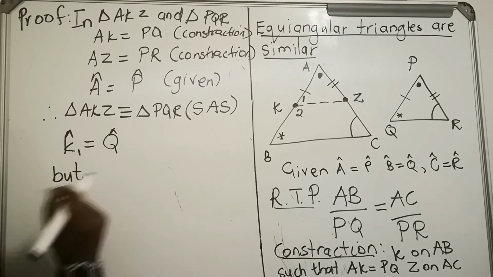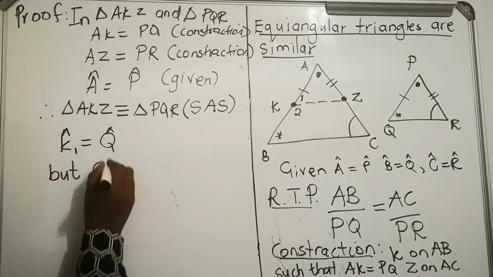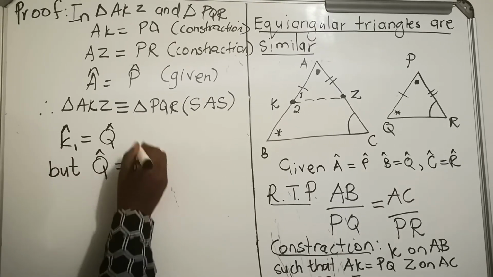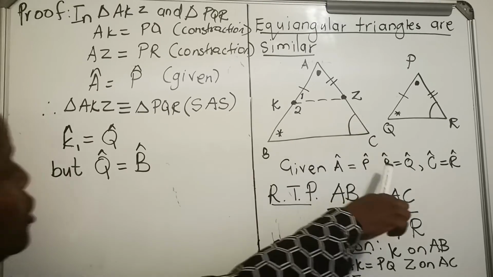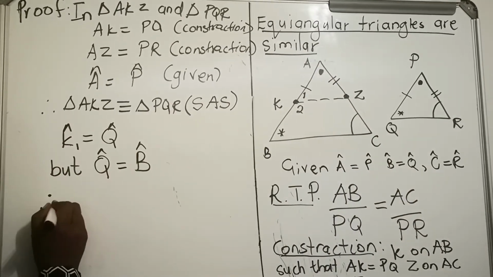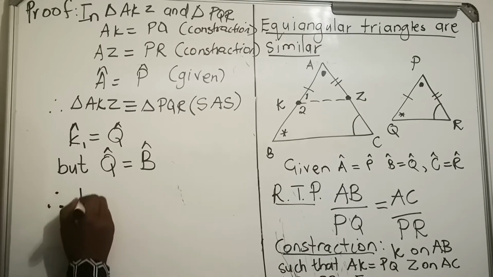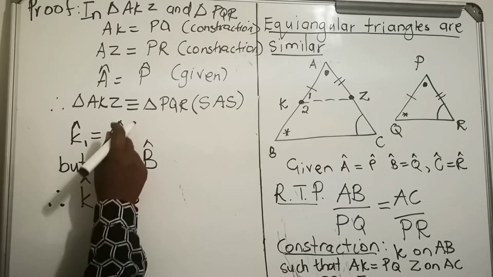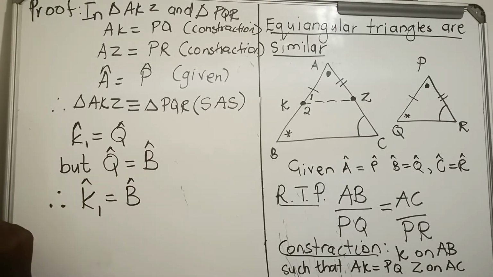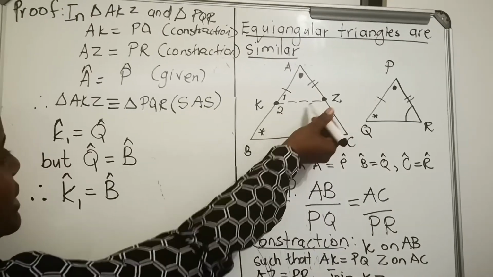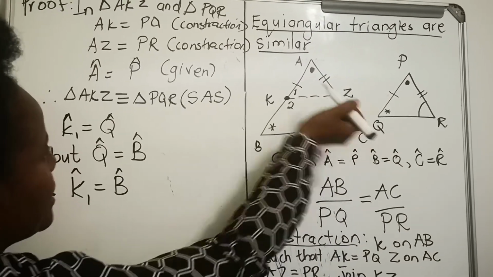But angle Q is equal to angle B. We were given that. Therefore, we can say angle K1 is equal to angle B, because they are both equal to the same thing. But now, if this angle is equal to that one, it makes these two lines parallel.